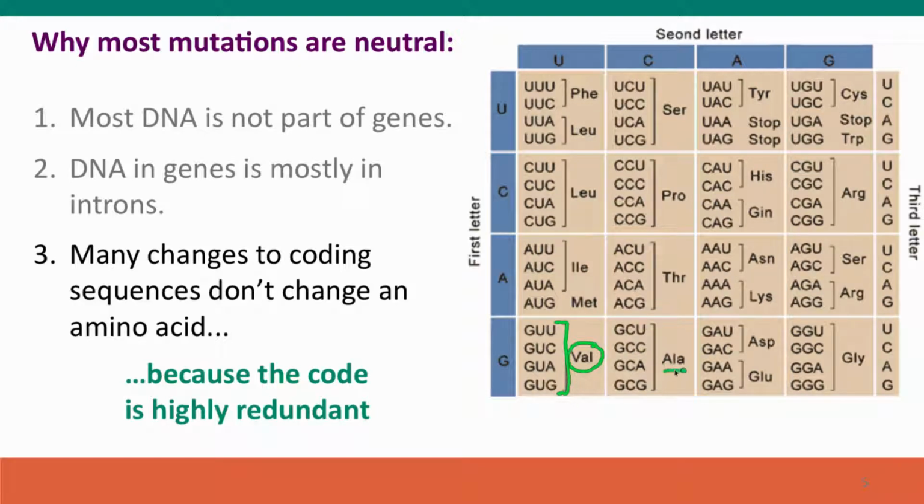Many other amino acids also are specified by groups of 4 codons. Some are specified by 3 or 2 codons, or leucine, specified by 6 codons. Only a couple of amino acids have a unique codon specifying them.